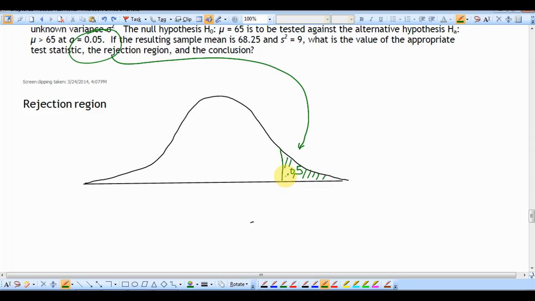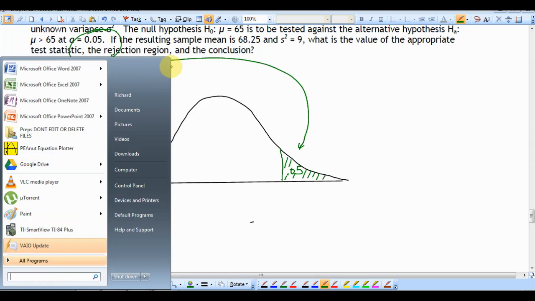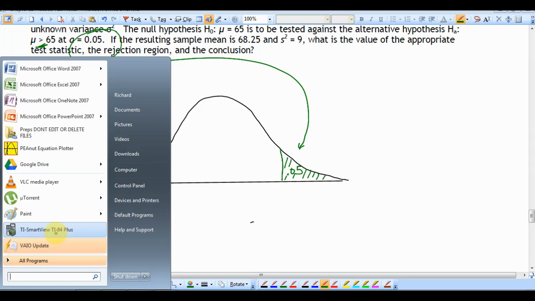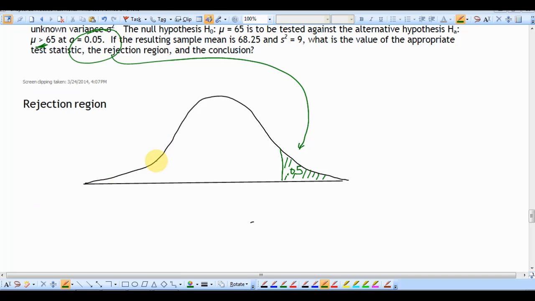Is this significance level always on the right side? No. We know it's on the right side because we have a greater than here. But if it was less than, it'd be on the left tail. And if it was two-tailed, they'd have to add up. Yeah.